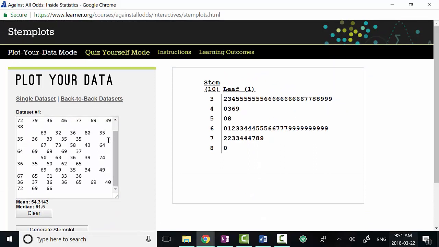Now, if you notice, the mean is given as 54.3 and the median is 61.5. So the median is the middle term. There are 70 terms, and I'll go over how you're going to calculate those things. But let's just take a look at the shape of the stem plot right now.